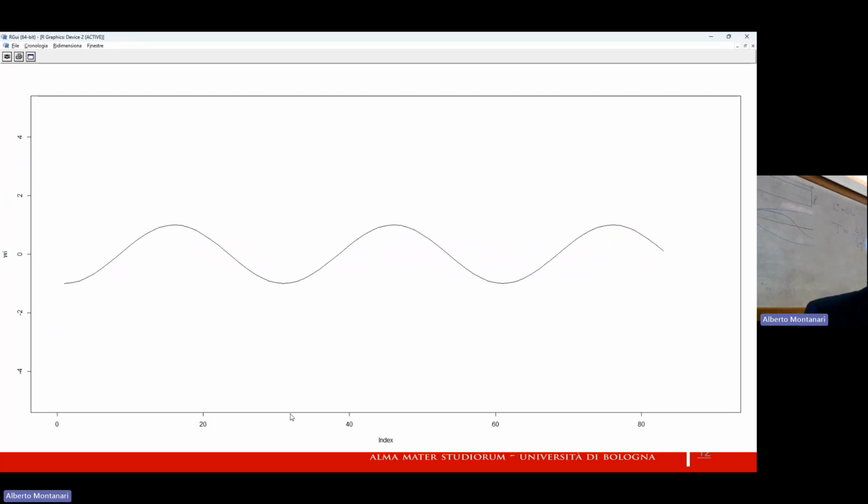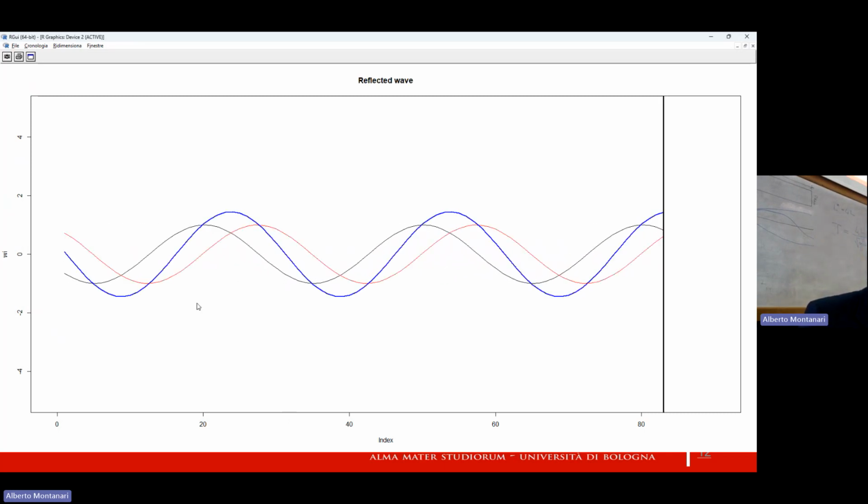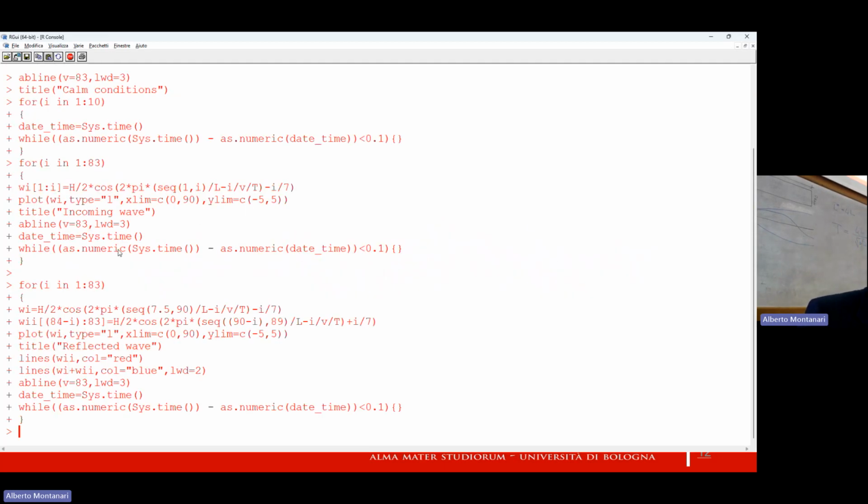And this is the reflected wave. Let's repeat it.